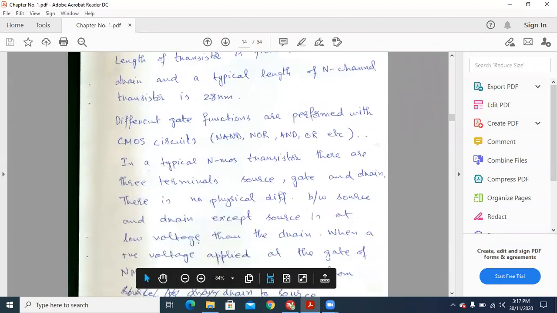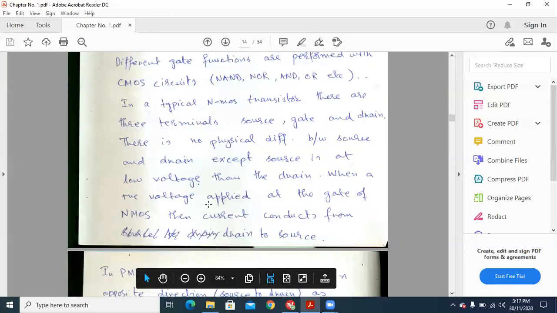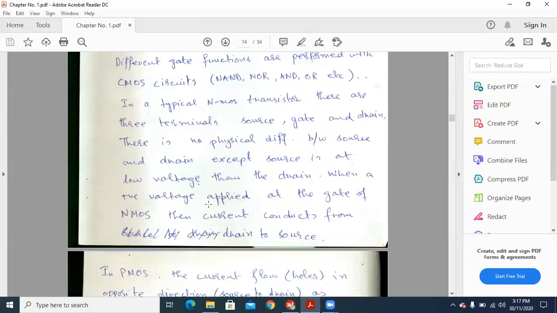So in a typical NMOS transistor, current conducts from drain to source. So the drain terminal is positive compared to the source terminal, and the current flows from drain to source, and that is in fact the drain current.